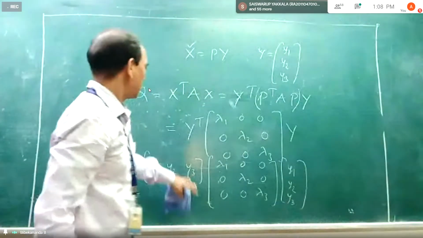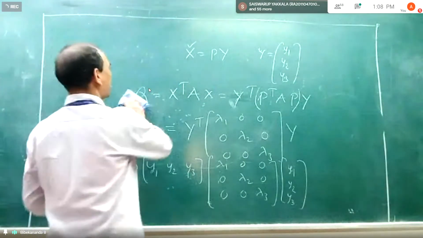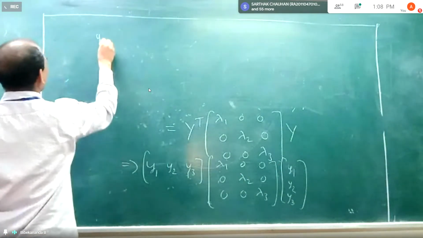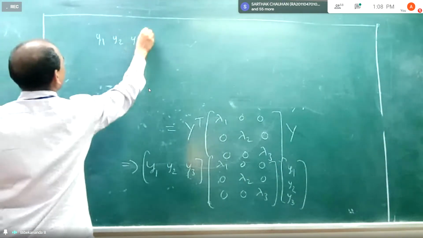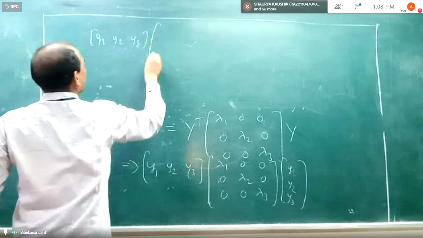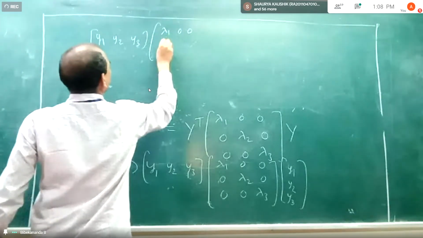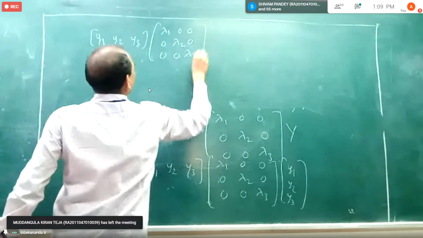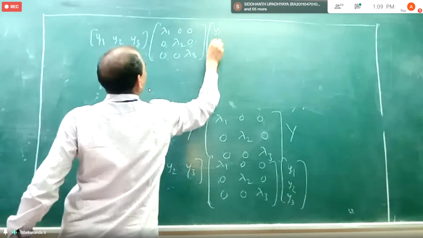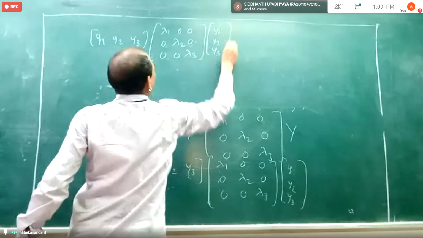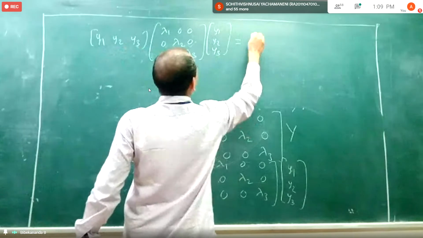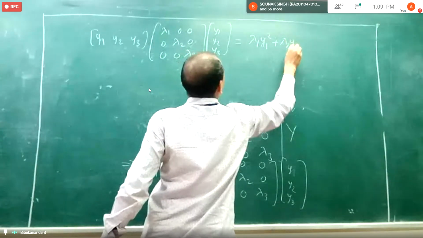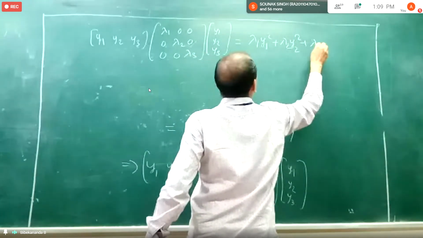So this is the thing we are getting. Now we find the product of this. If we simplify it, we will get lambda 1 y1 square plus lambda 2 y2 square plus lambda 3 y3 square.